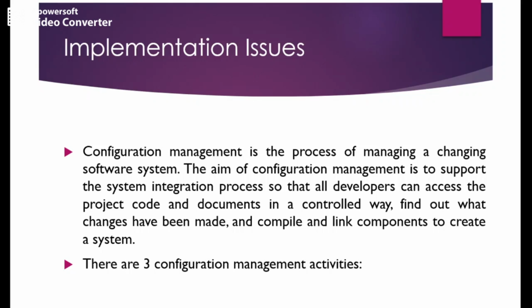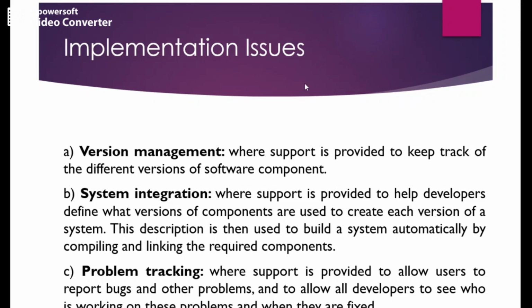Compatibility you have to decide in this configuration management system: keep track of the versions, manage the changing software, and integrate with the system. Now, there are three configuration management activities. First is version management, second is system integration, third is problem tracking.